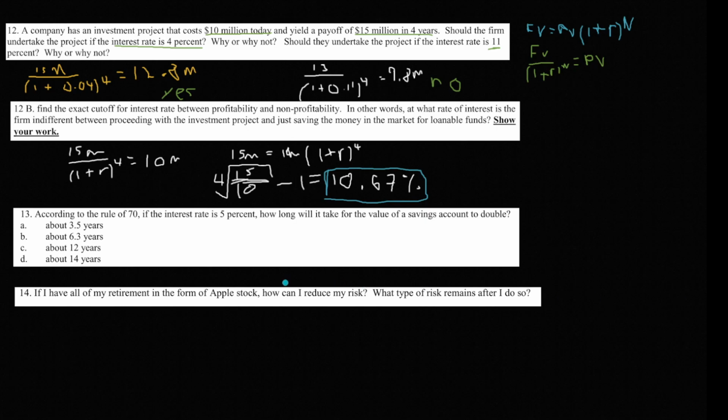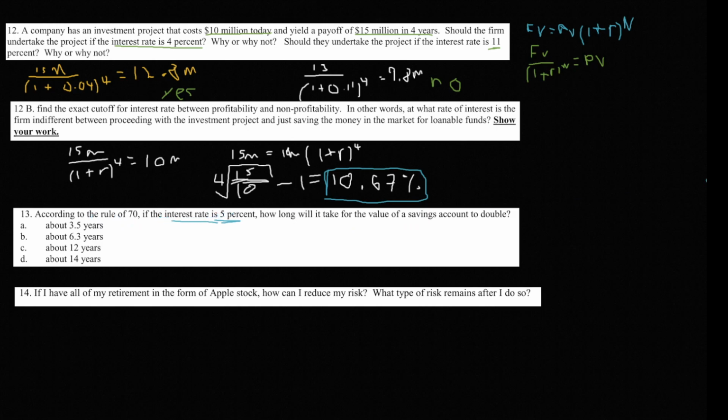Next up is a rule of 70 question. It says, according to the rule of 70, if the interest rate is 5%, how long will it take the value of savings to double? It may not say the rule of 70, but it says the rule of 70 here.